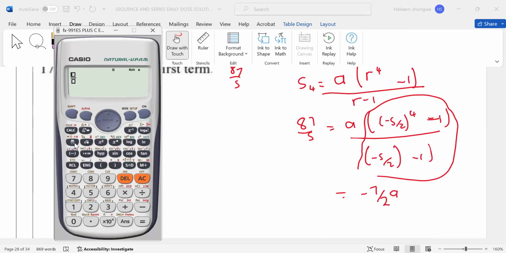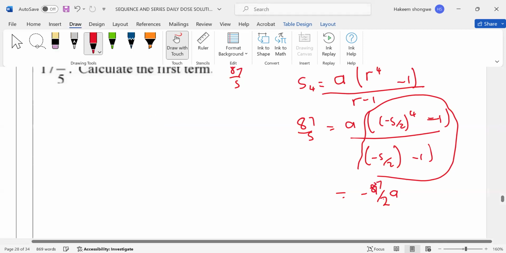Here's what you're going to have. You're going to have fraction, and then open bracket minus fraction 5 all over 2, close bracket to the power of 4. And then you say this minus 1 all over minus 5 all over 2 minus 1, like this. And then your answer, you get minus 87 all over 8.